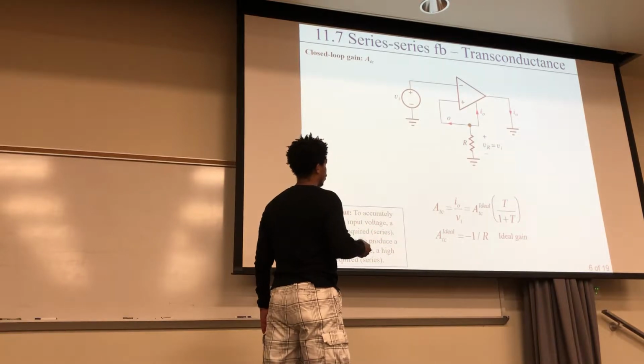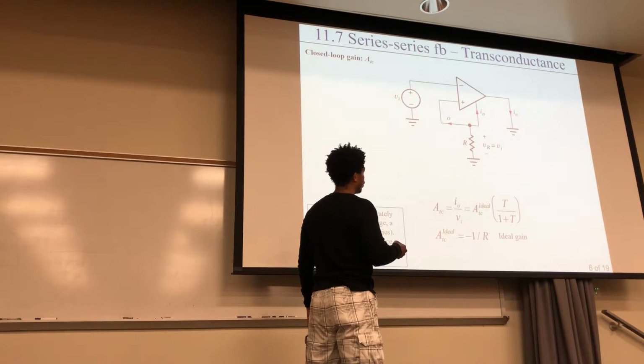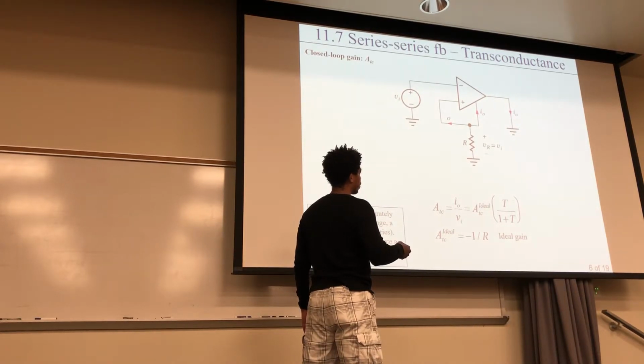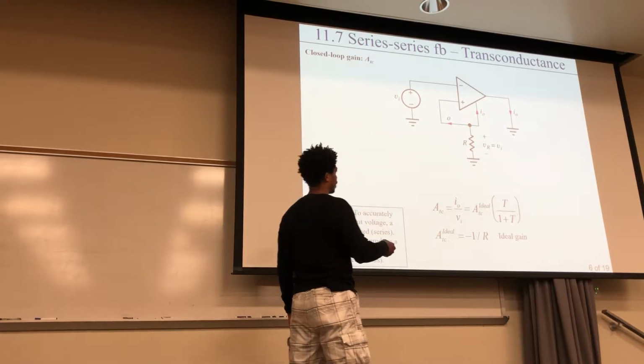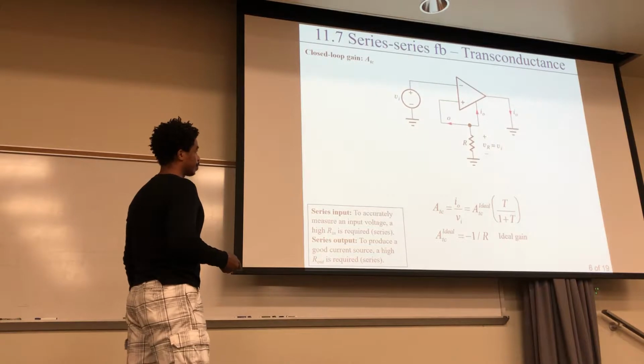For this transconductance type of gain right here, it's going to be your output, which is the current, over your input, which is your voltage. You can look at it in terms of an ideal amplifier multiplied by this correction factor, which is T over 1 plus T, where T is your loop gain.